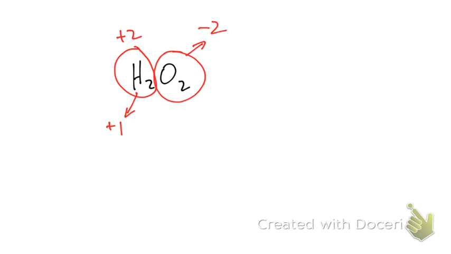But because we have 2 oxygens, a single oxygen would have an oxidation number of -1. So this is the oxidation state. Hydrogen would have an oxidation state of +1. Oxygen would have an oxidation state of -1.